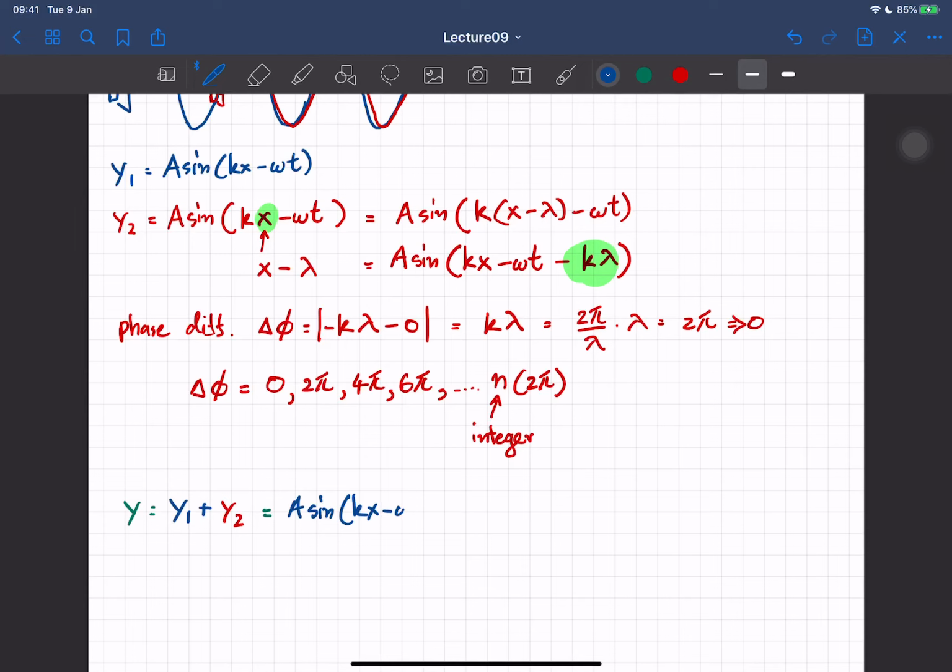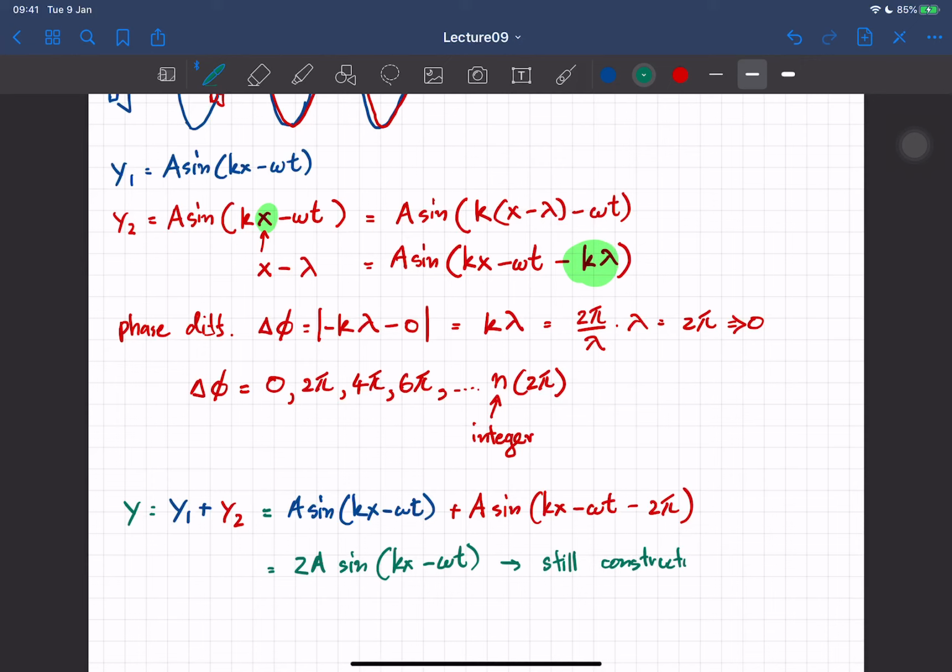So a sine kx minus omega t, and then plus a sine kx minus omega t minus 2 pi, okay? And mathematically sine of anything plus 2 pi or minus 2 pi is going to be the same. So the resulting wave is going to be 2a sine kx minus omega t. So still constructive interference.